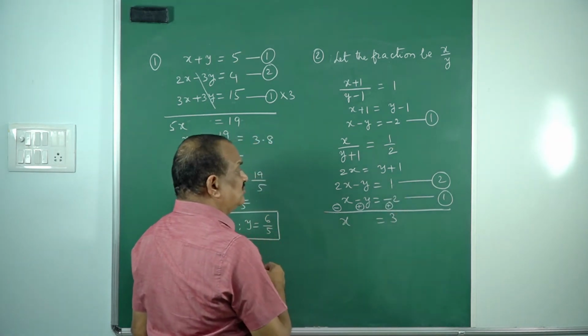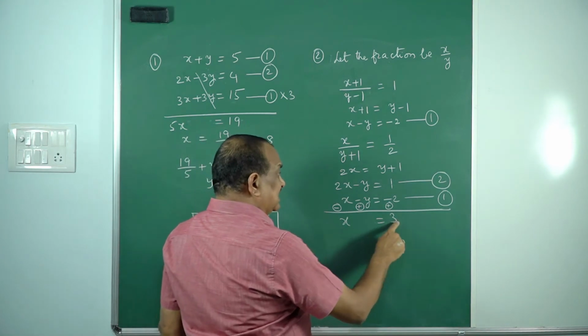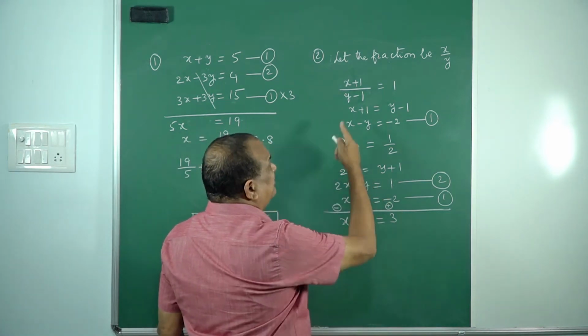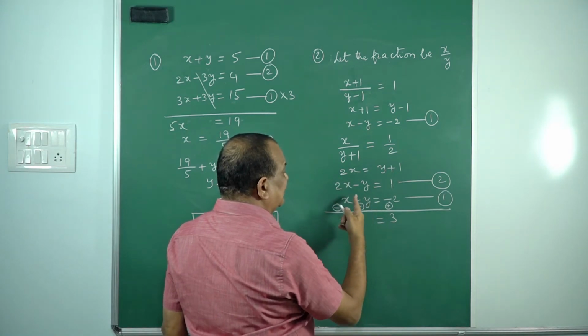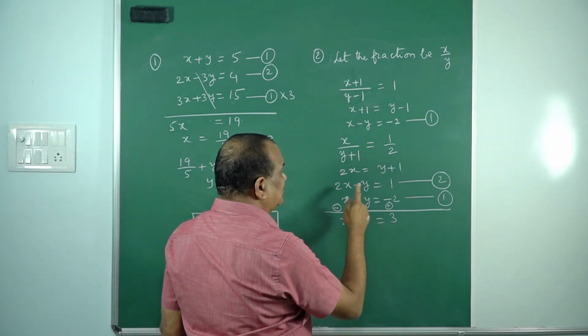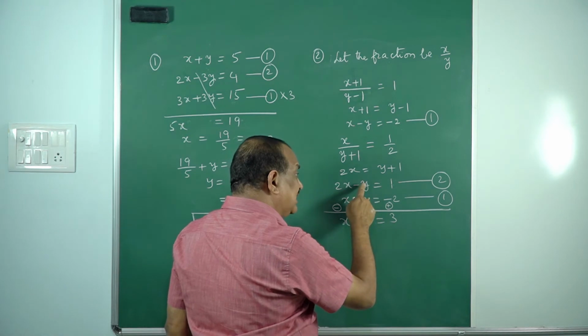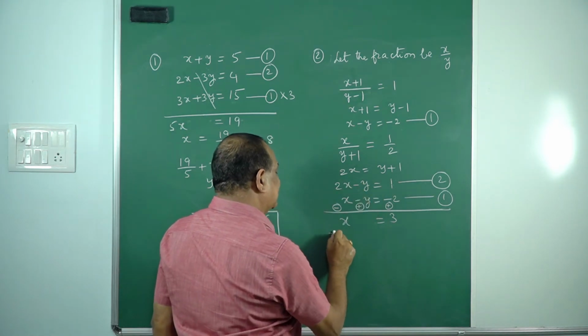I got the x value. This x value can go here or anywhere. Here you got an equation, of course, first equation or second equation. Substitute this x value. The x value we are substituting in equation 2.